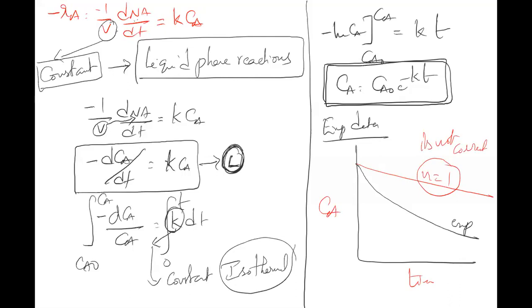If the assumption n equal to 1 is not correct, then what should you do here? Try n equal to 2. That is how you should go. Try n equal to 1, check with the model. If your experiment is matching, then fine, otherwise try n equal to 2. This is the model for n equal to 1.